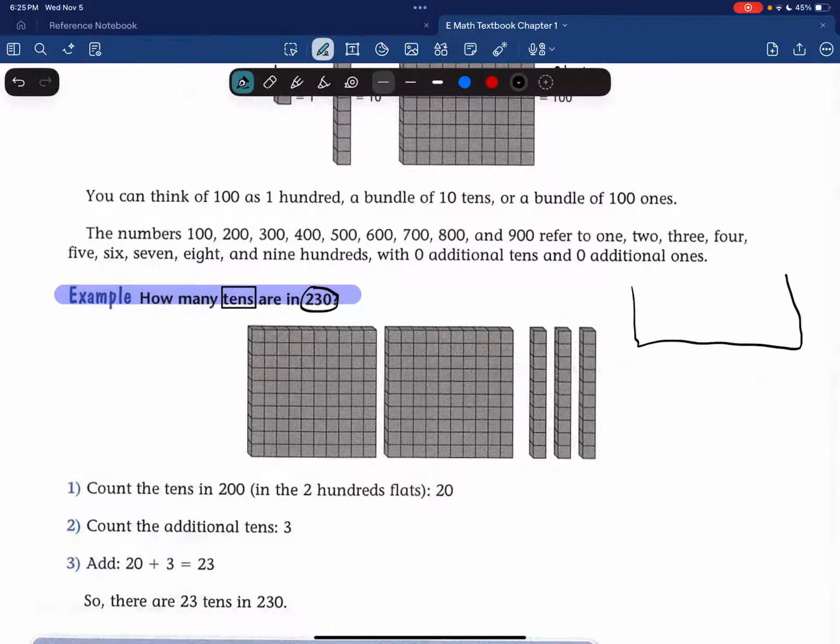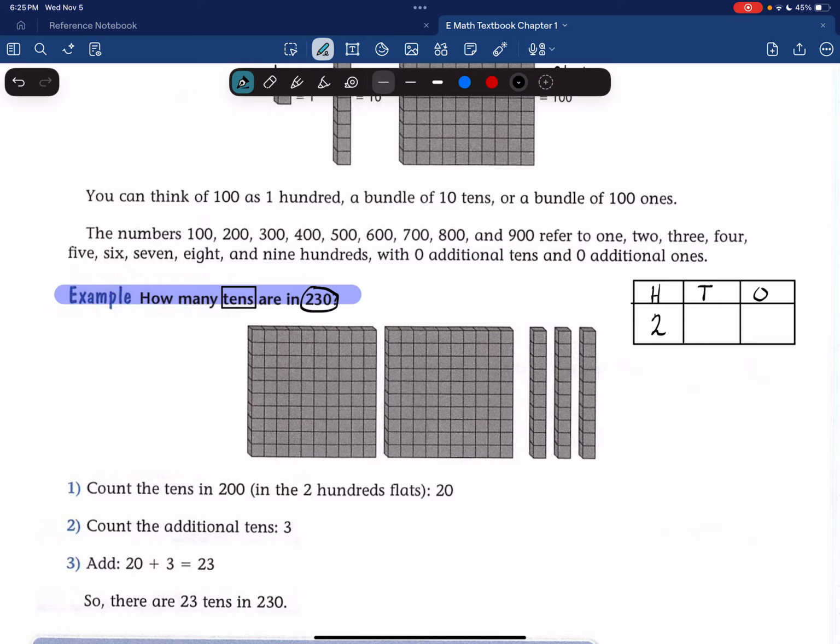Just sketch yourself that little table that we talked about and make a row here for your header. And let's see here, we have hundreds, tens, and ones.